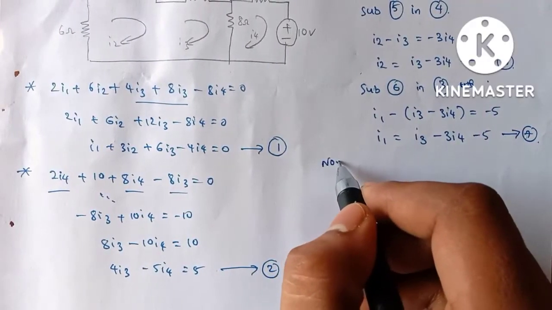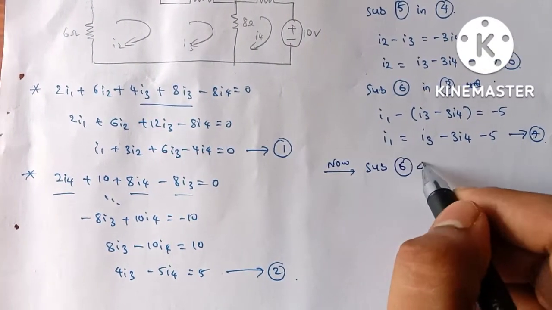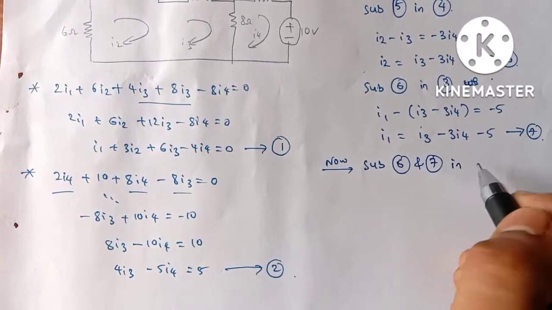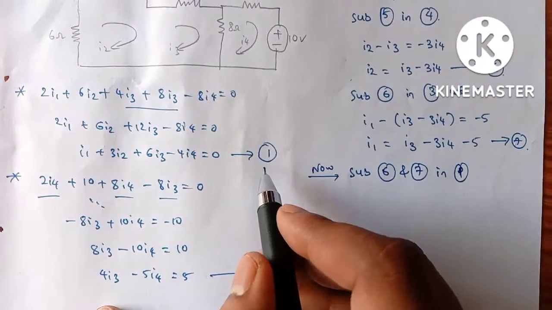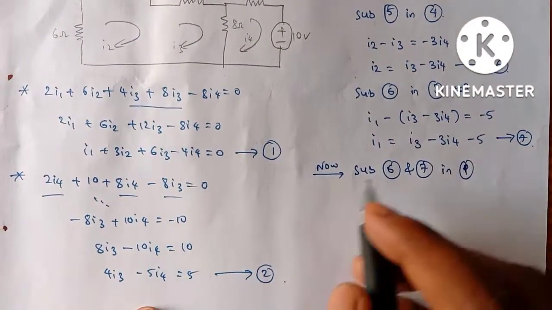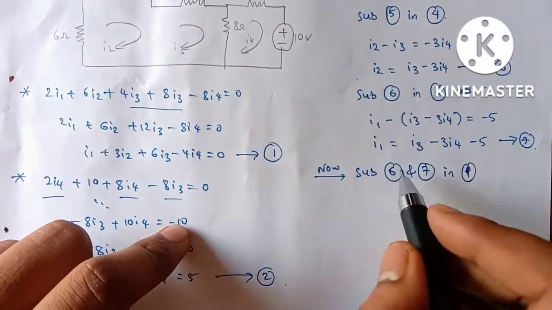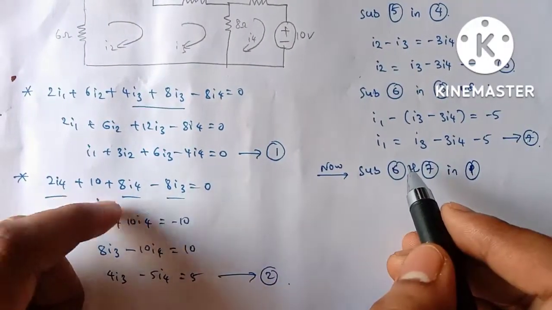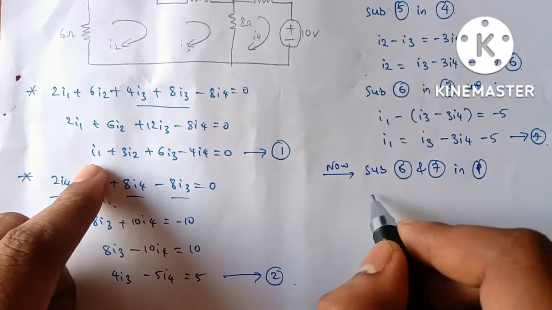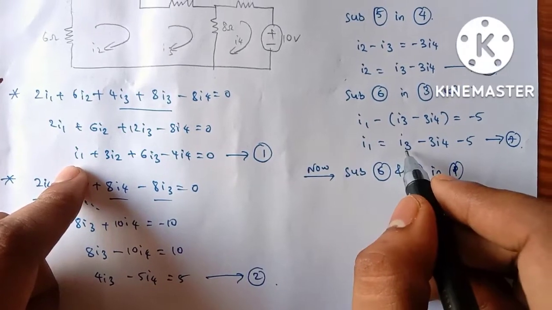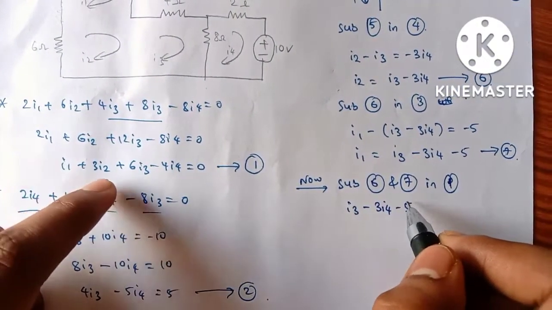Now substitute equations 6 and 7 in equation 1. Then equation 1 is converted to I3 and I4. We get I1 as I3 minus 3I4 minus 5.